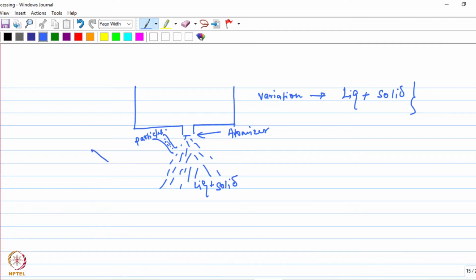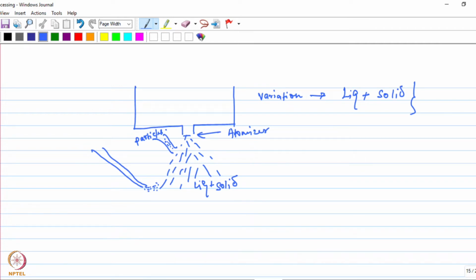So now this particle addition can be done by choosing a location like this and adding the particles into that particular location, into this spray chamber.